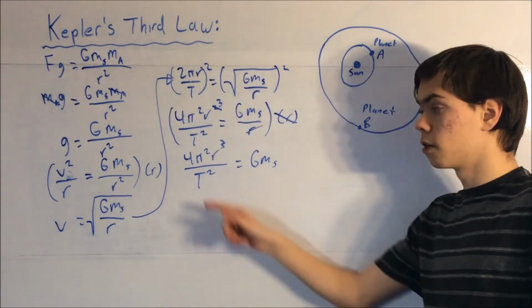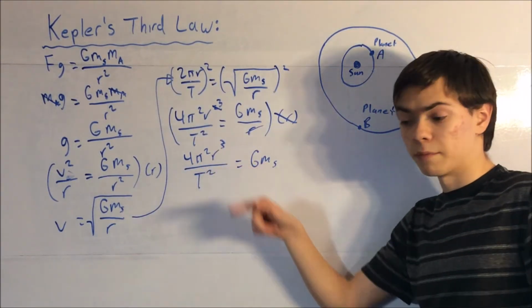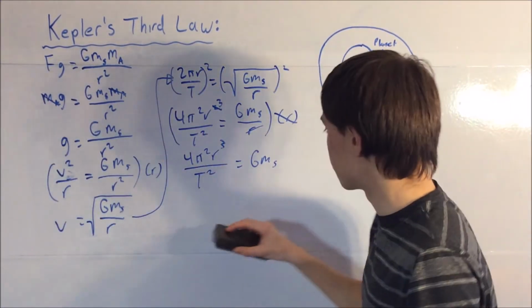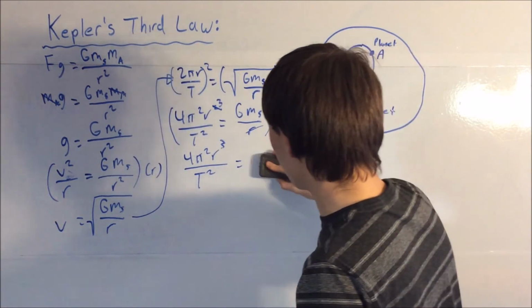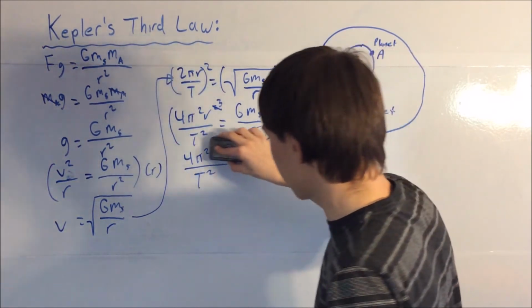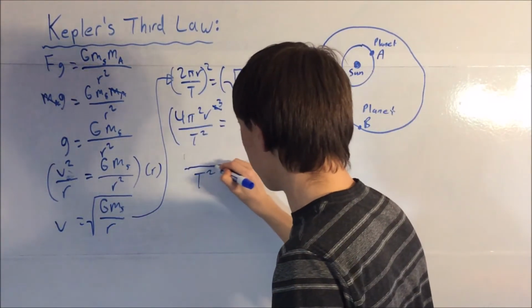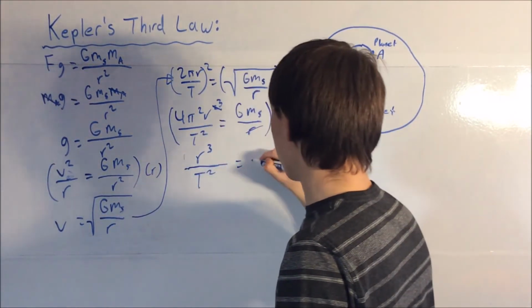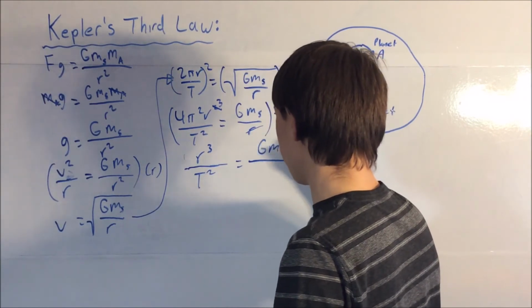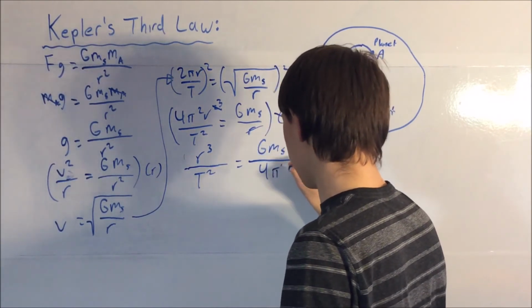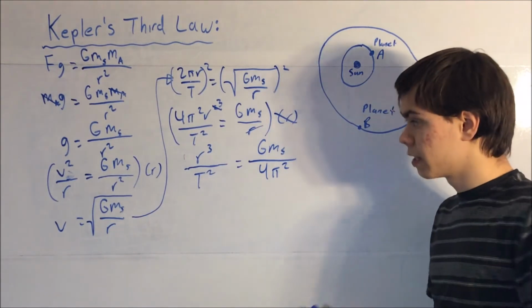Now another thing, we divide by 4 pi squared on both sides. So hopefully you saw what I wrote before, because that's basically what I'm doing. So it's GMs all over 4 pi squared. This is what I get.